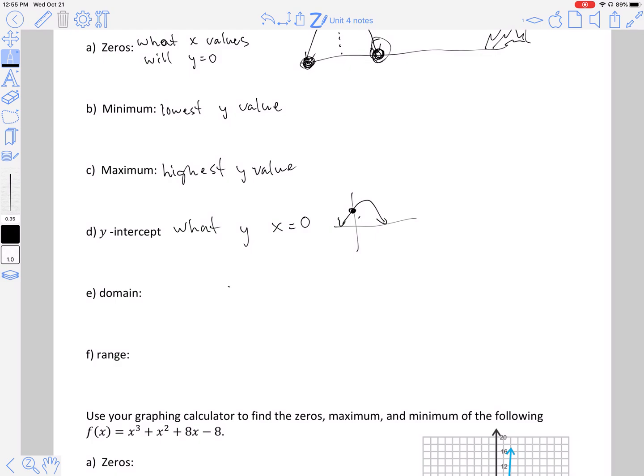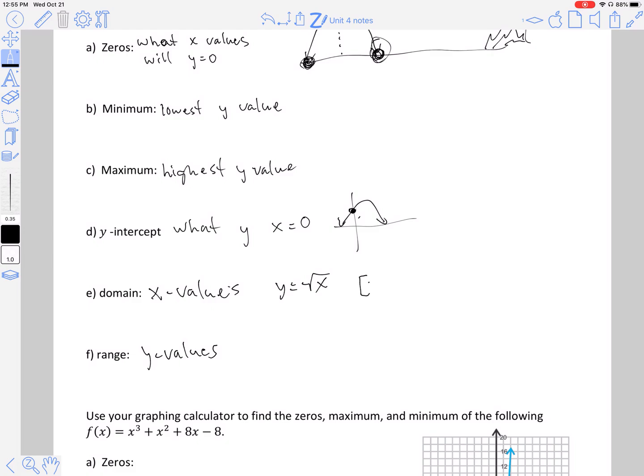Okay, whatever. Domain is all the x values, and range is all the y values. Domain's important. For example, if we have the function y equals square root of x, we cannot put anything we want into x. There's some restrictions there, right? You can't take the square root of a negative number, so x can never become negative.